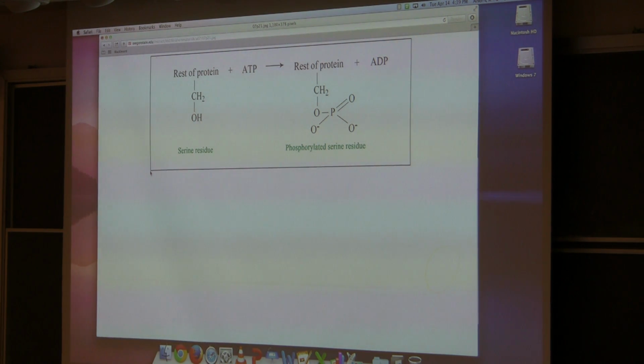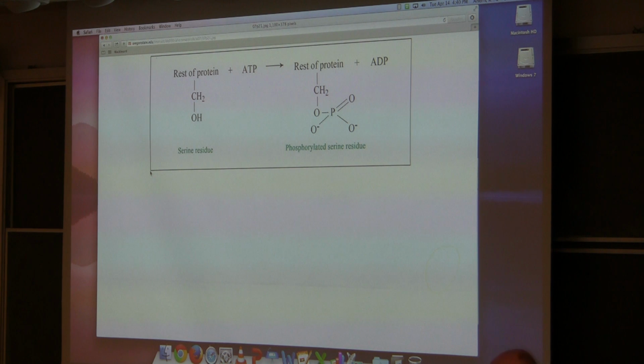It turns out that there are 3 amino acids that commonly get phosphorylated, meaning they gain a phosphate. One is the side chain of serine. Here's a serine residue. Serine has a hydroxyl group. In fact, all 3 that get commonly phosphorylated have hydroxyls. The OH gets a phosphate put onto it.